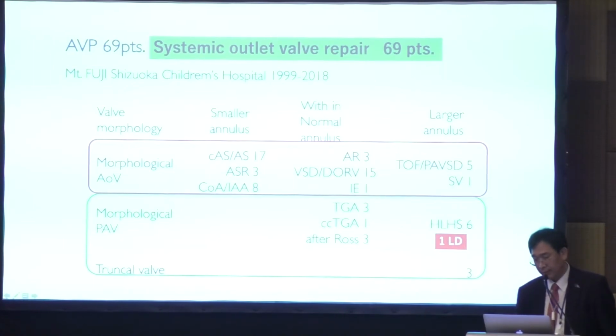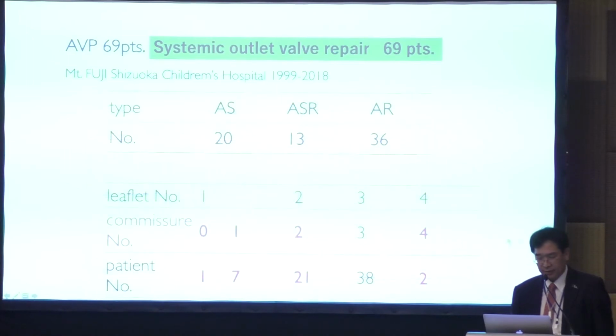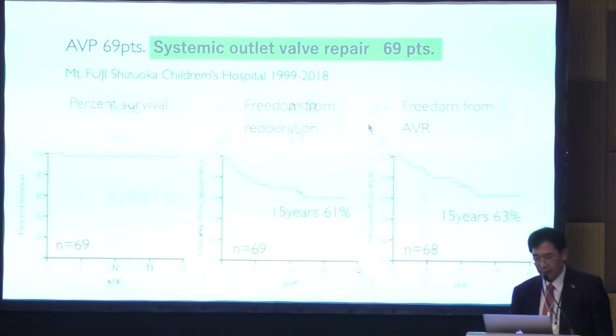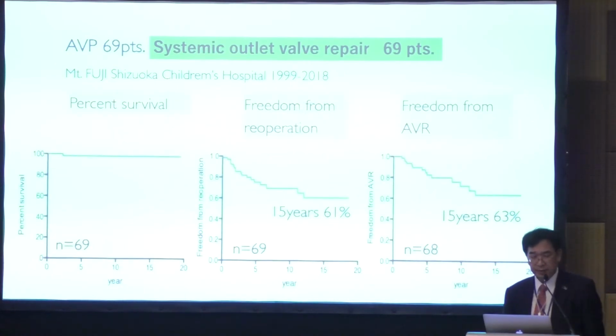Among the patients, we looked at the commissure number and the leaflet number, 1, 2, 3, 4. 3 is most common, but the 3 group has the aortic regurgitation group.